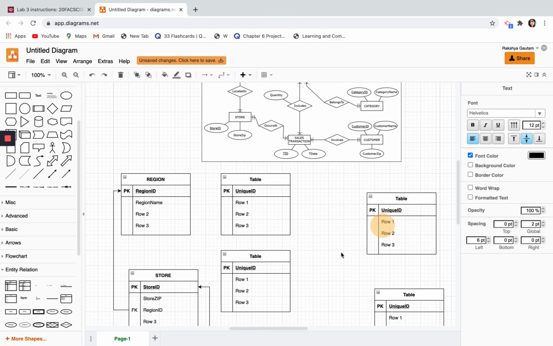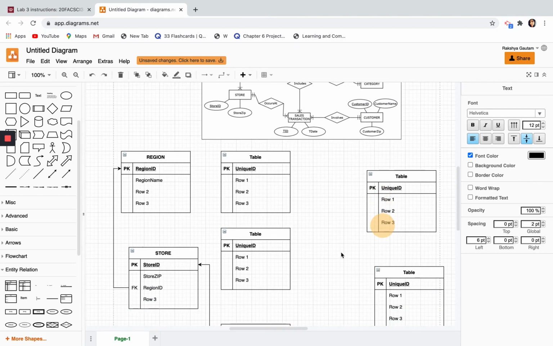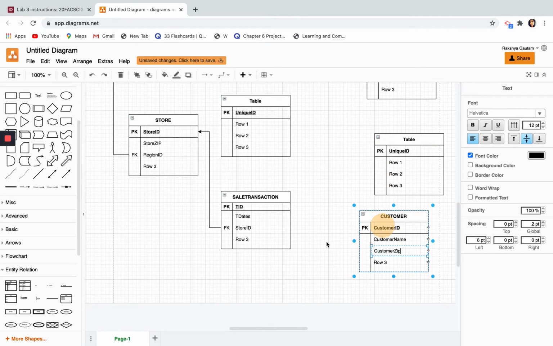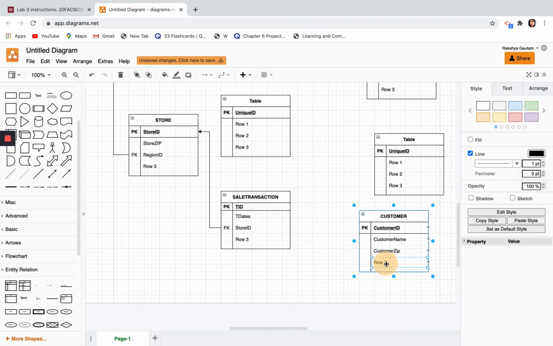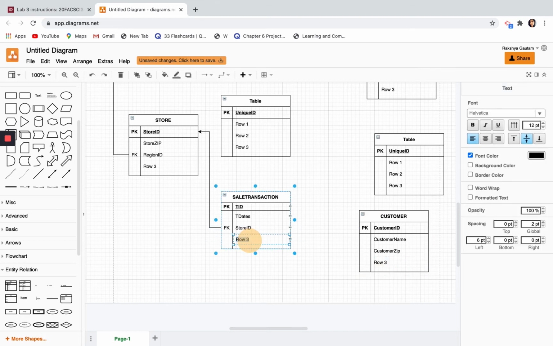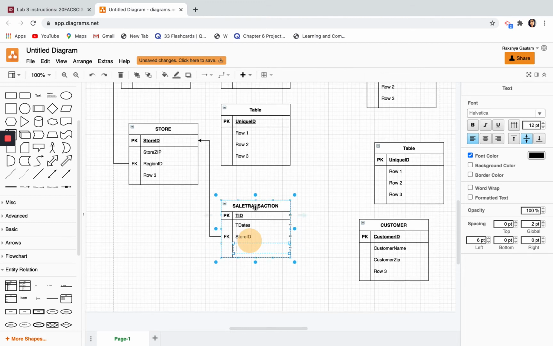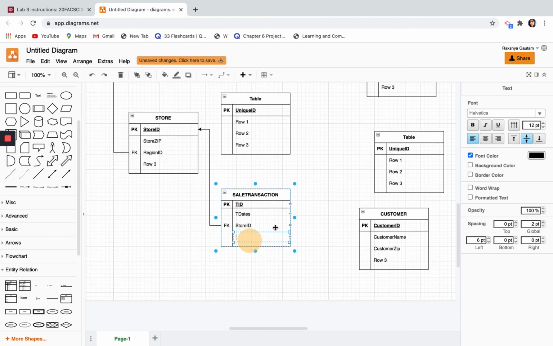So every sales transaction consists of a customer ID.